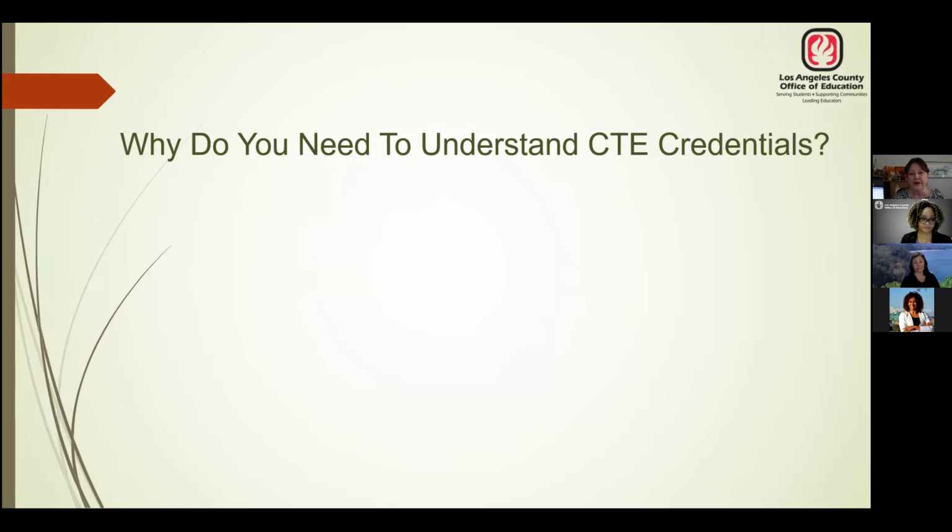Now, the reasons are threefold: recruitment, hiring, program oversight, and fiscal. You need to determine if a potential teacher is qualified for a specific pathway and subject. You also need to make sure you've got a good match between the pathway and the teacher's credential. And you also have to assist that teacher once they get their preliminary credential with getting their credential cleared within 3 years so you can hang on to them.